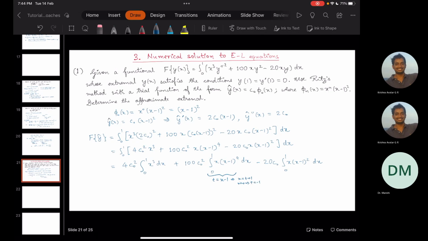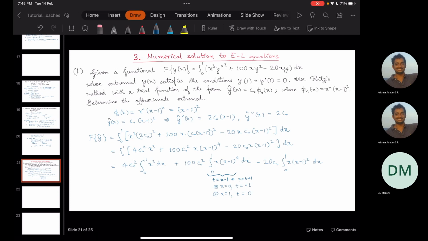When x is equal to 1, t is equal to 0. We'll use the substitution in both the second and third integrals.